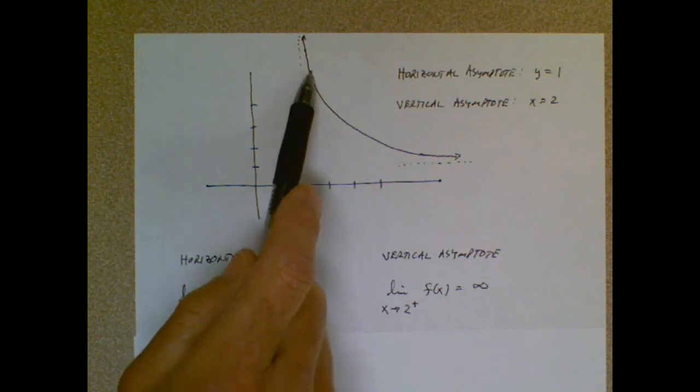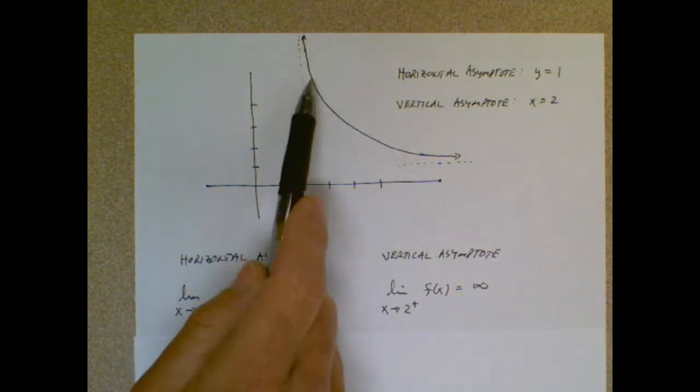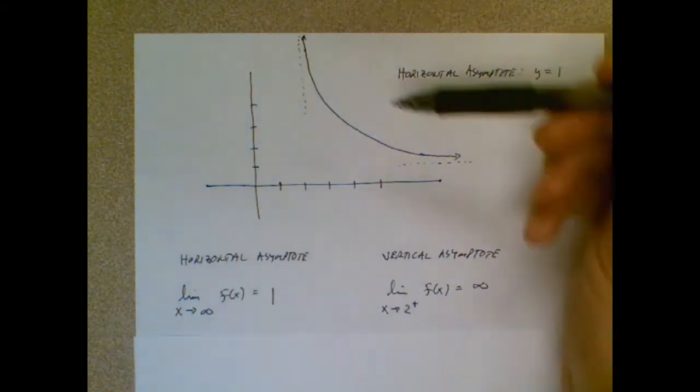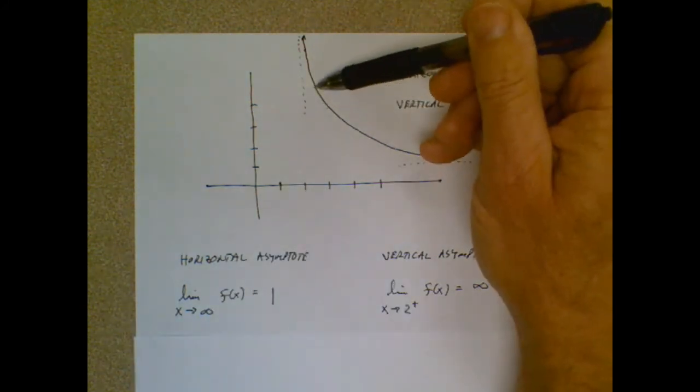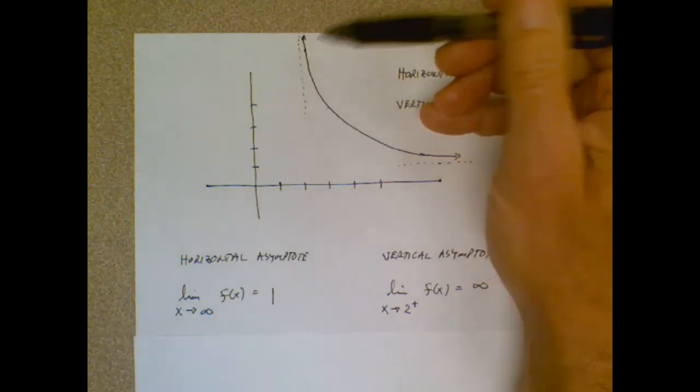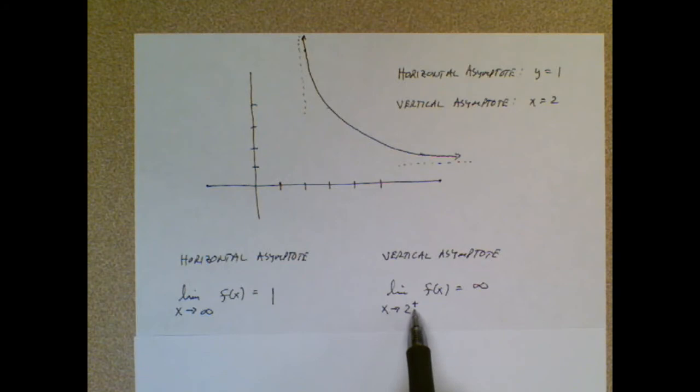Likewise, on this vertical asymptote, as I'm getting closer and closer to an x value of 2, I'm sneaking up from the positive side, or the right side.